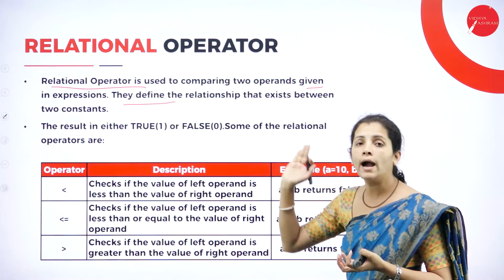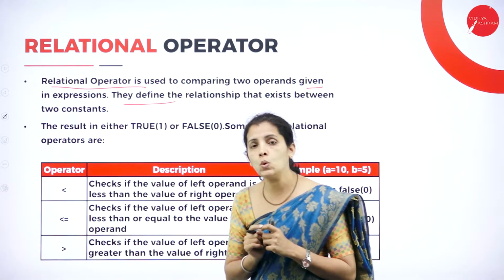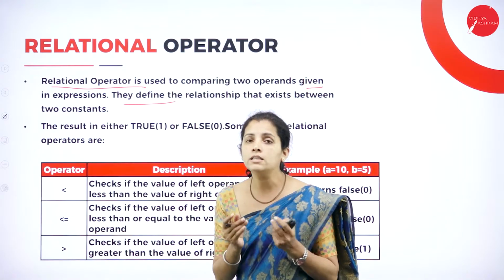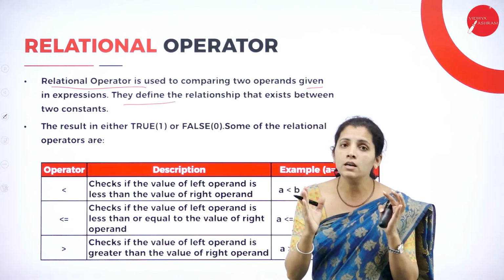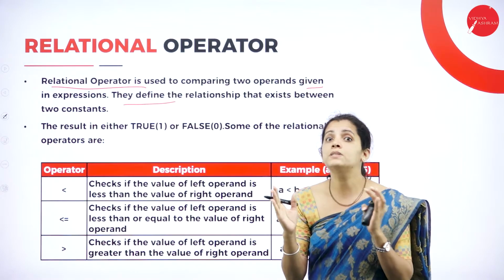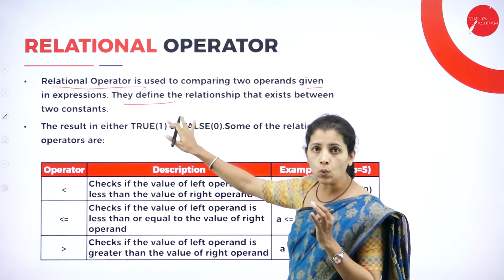And what values can I expect here? That is nothing but true and false. So what is the meaning of a true result? If both the variables' relationships are the same, at that time I'm going to get the true result.